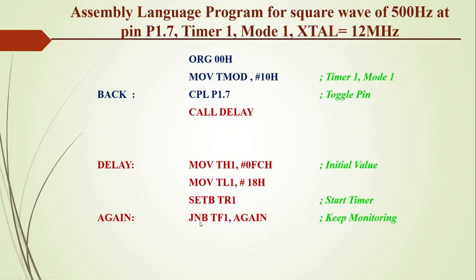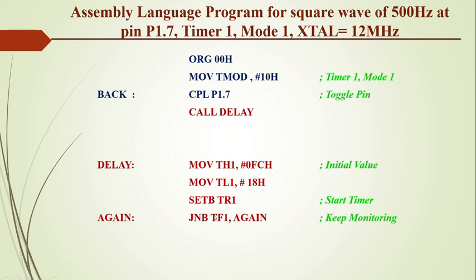JNB means jump if not bit. If the given bit, TF1, is 0, then jump to this label, again. And we have given this label to the same instruction. That means if the TF1 flag is 0, you keep monitoring it, or wait for the overflow.